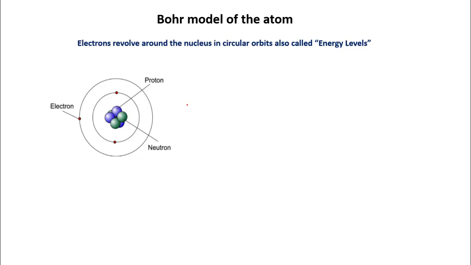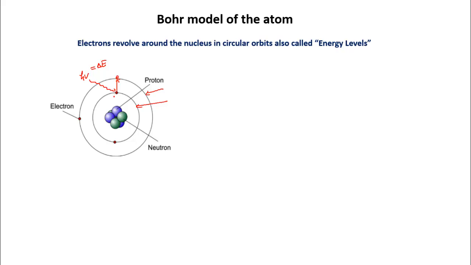According to Bohr, this is the first energy level here, and this is the higher energy level. An electron in the lower energy level can be excited to the higher energy level by absorbing energy which must be equal to the energy gap between the two shells.